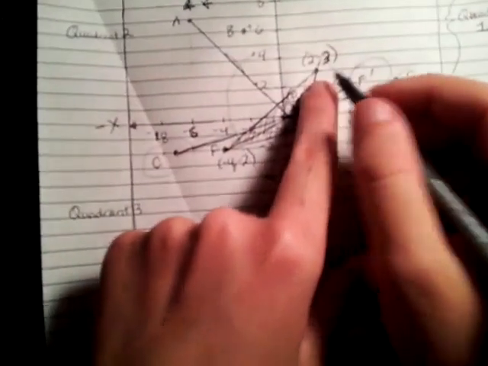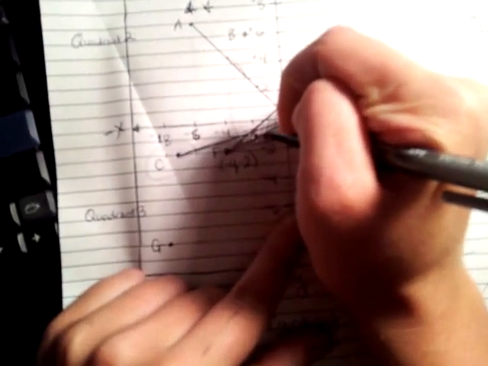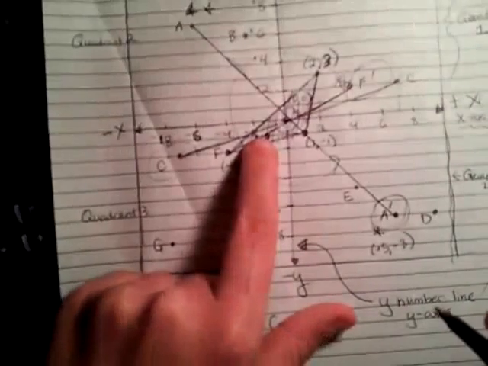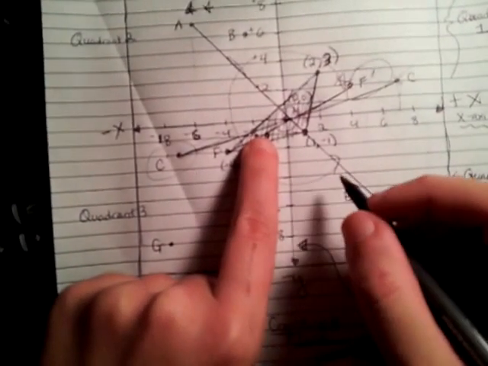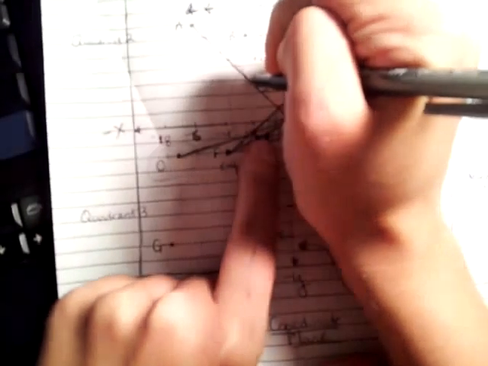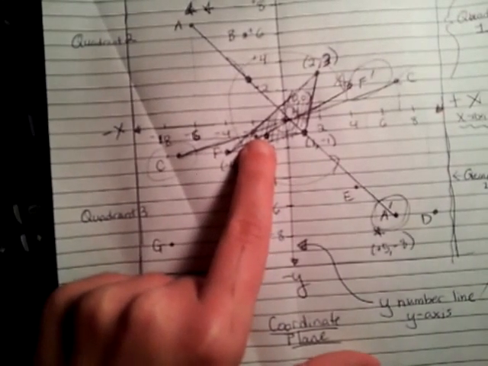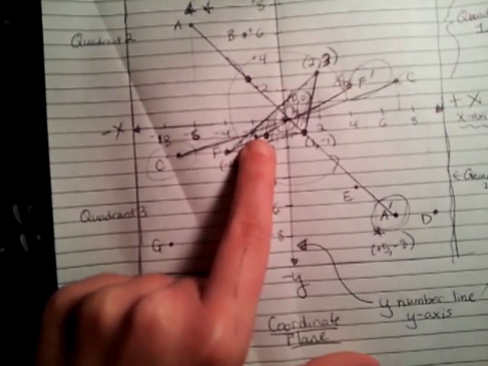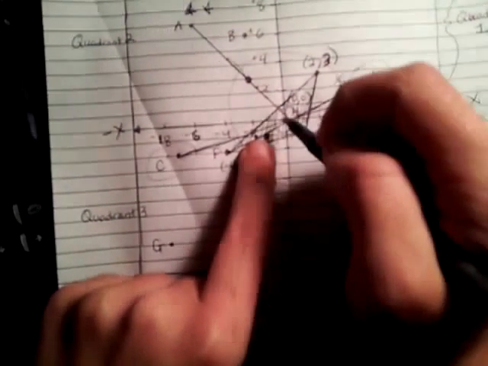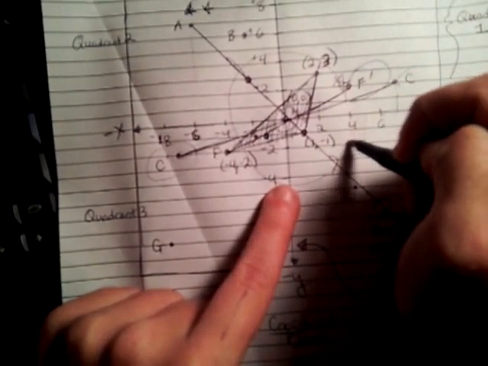So if I go to -1, -1, that'll be down here. If I go to +2, +3, -2, +3, it's going to be up here. And then, taking a shortcut, please label it. So +4, -2 is going to be down here.